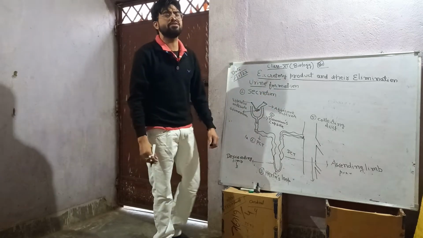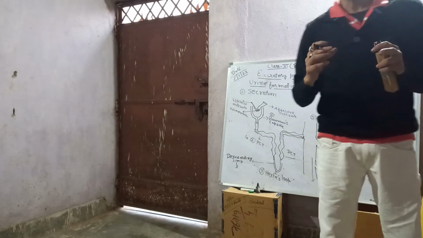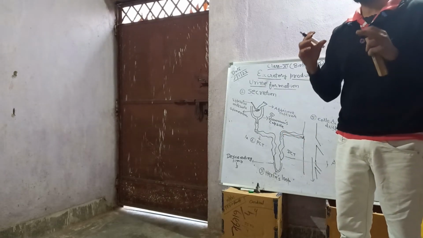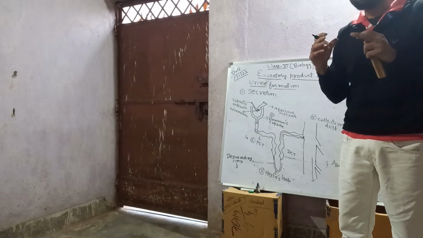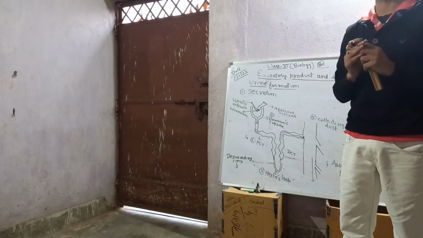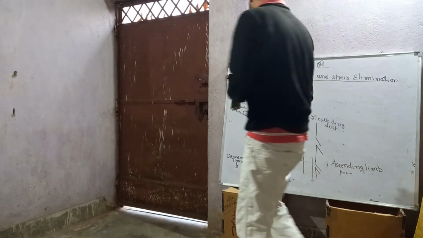As some essential nutrients are absorbed by the tubular part, in the same way some harmful chemicals present in the tubular part are moved to the filtrate, and this process is known as secretion. So I am writing this here.